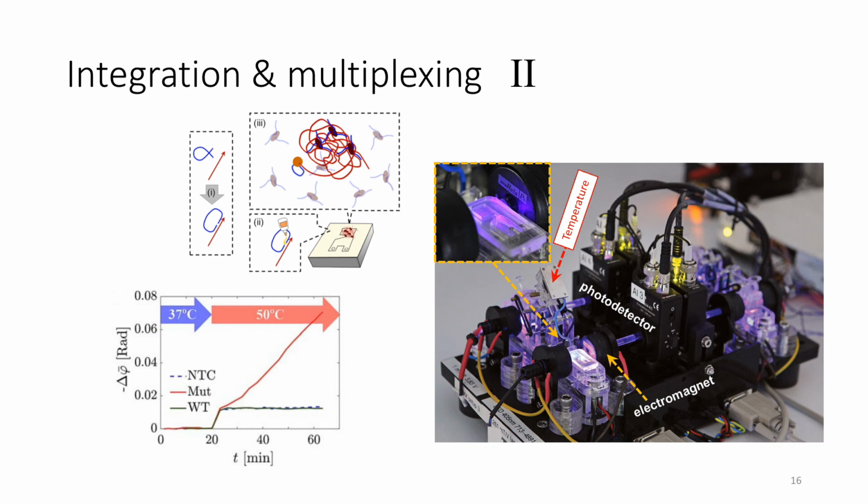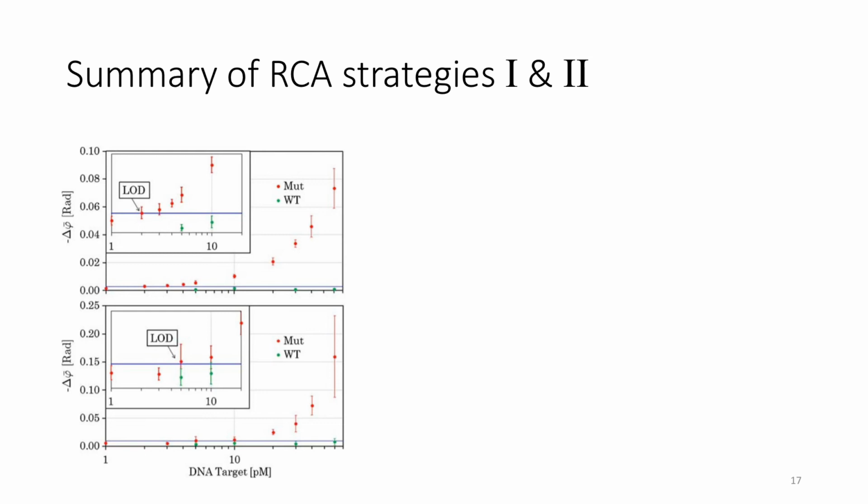I will show you the results of the dose response curve, in which we measured synthetic targets of DNA at different concentrations in a 5% fetal bovine serum, just to mimic the environment, to measure the output in conditions close to what it would be if we had real samples.